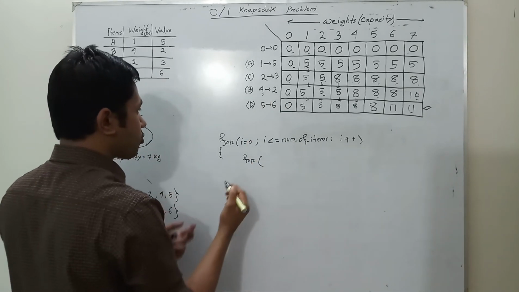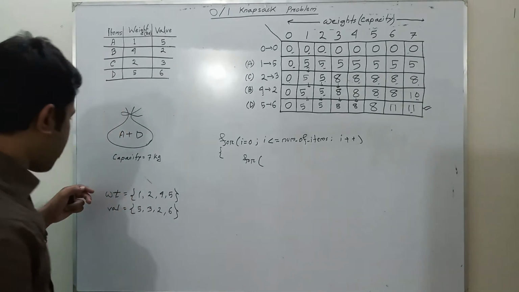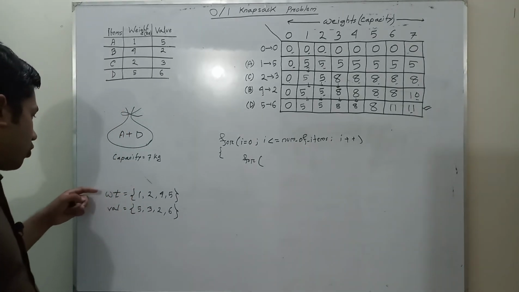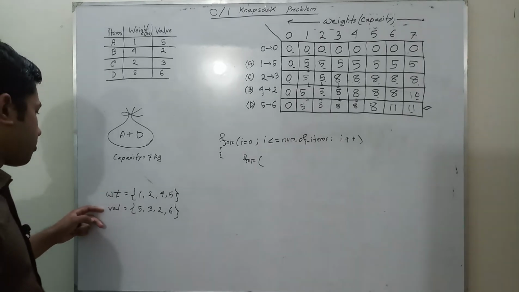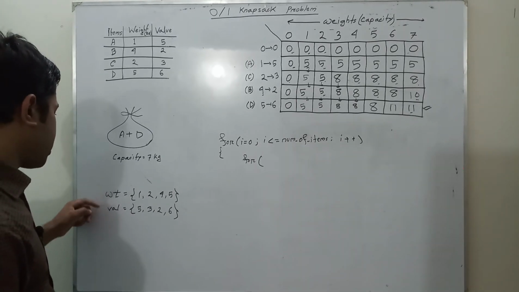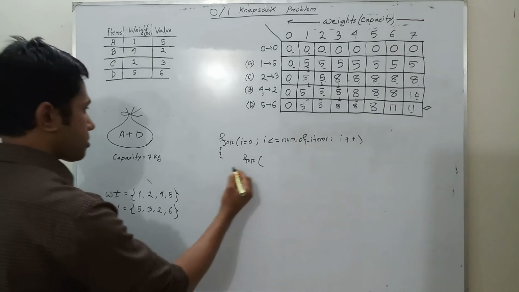So before implementation, we'll see that we have two arrays, one array for the weights and another array for corresponding values, WT for weight and val for values.